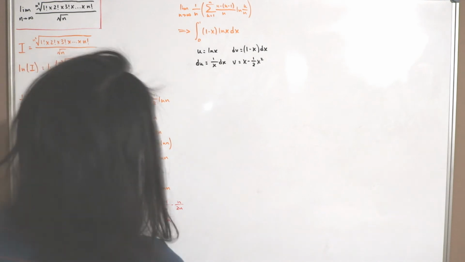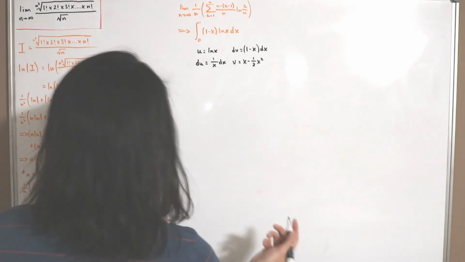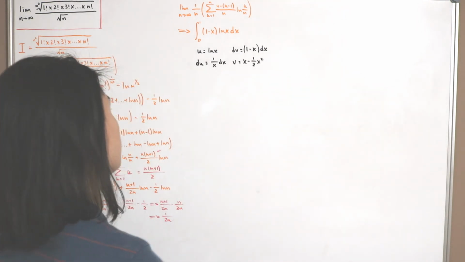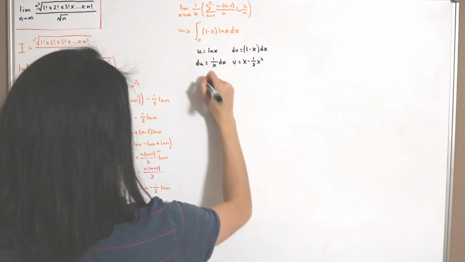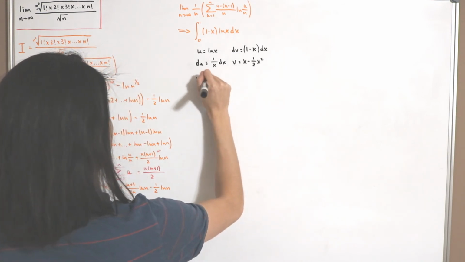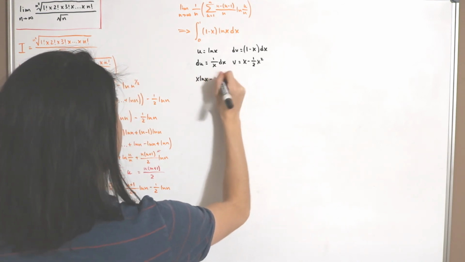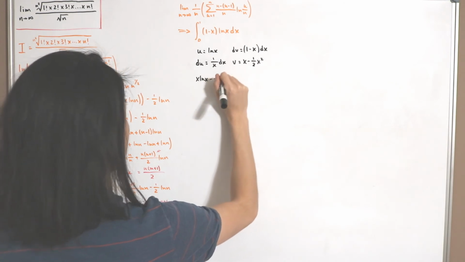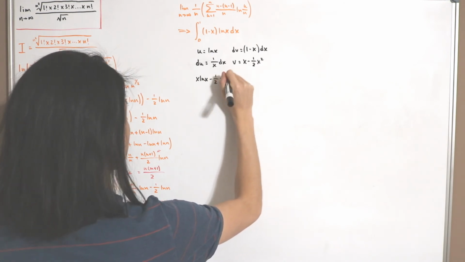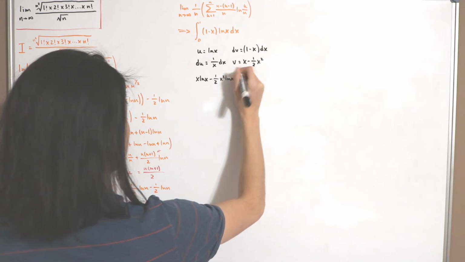Using integration by parts, uv minus the integral of v du, I get x ln of x minus 1/2 x squared times ln of x.